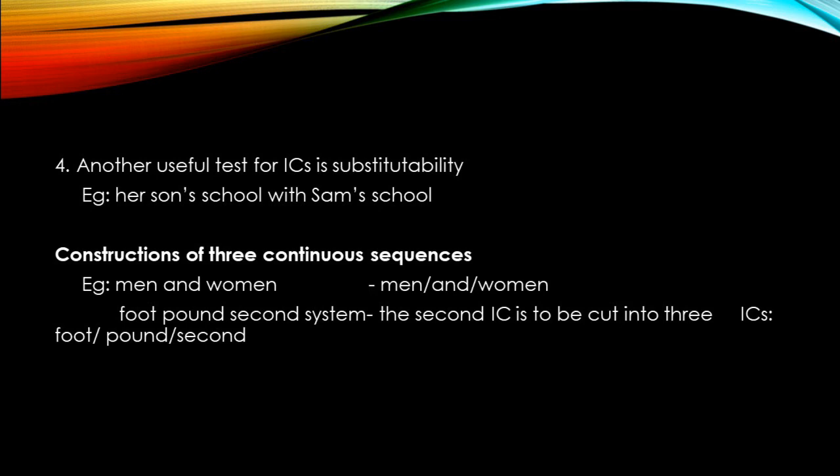Again, foot pound second system, there you will have the first IC analysis. You can have a binary cut, foot pound second as one and system as another. But when it comes to the second IC, it will have to be cut into three ICs, foot / pound / second. Okay, because foot, pound, second, all these three words are of equal importance, so you cannot have a binary cut there. So that is an example of multiple ICs.